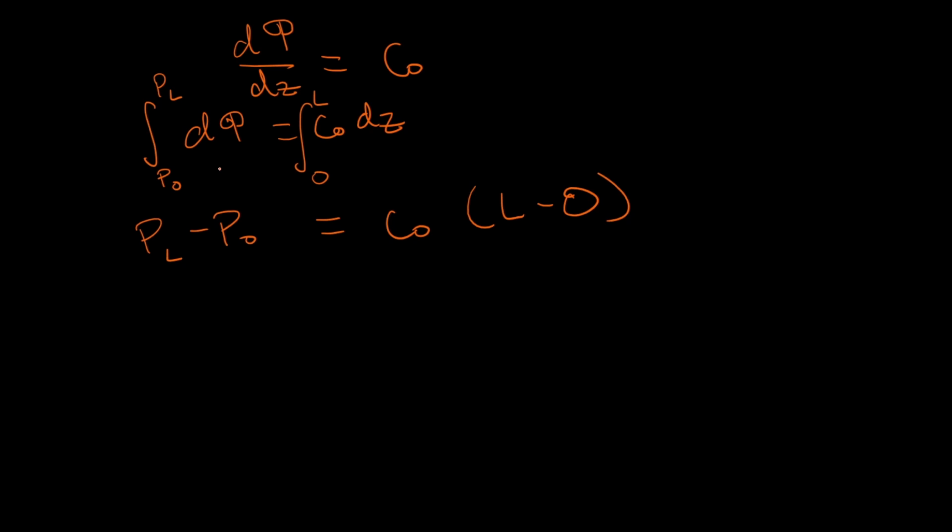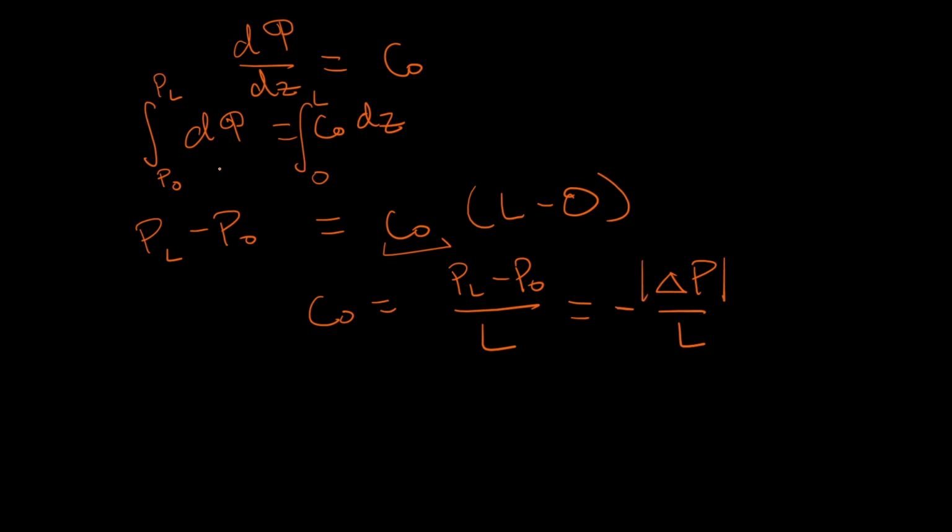And we can solve this for c0. We'll need this in the future because that's going to be one of the variables in our velocity flow equation. So we can get c0 is equal to pL minus p0 divided by L. And I'm actually going to rewrite this as a delta pressure. So this is going to be delta p over L. We're going to have a negative sign here. And the reason for this negative sign is that delta p, this term is going to be a positive number.